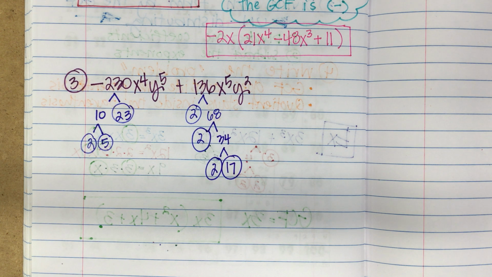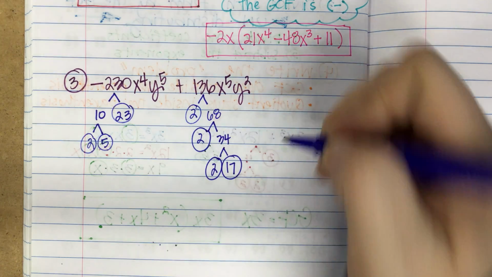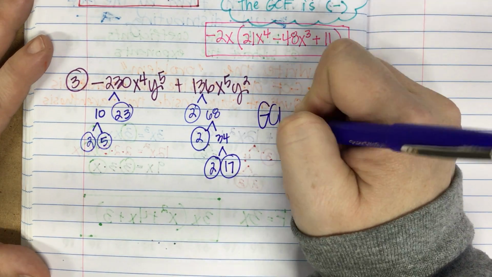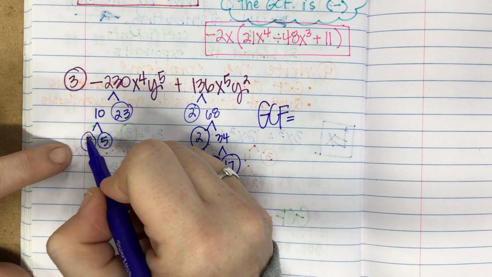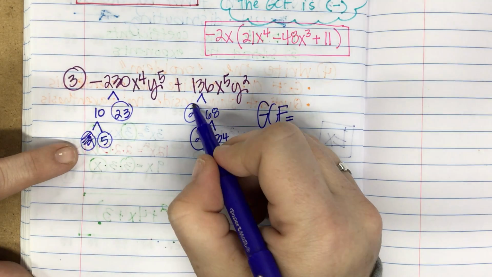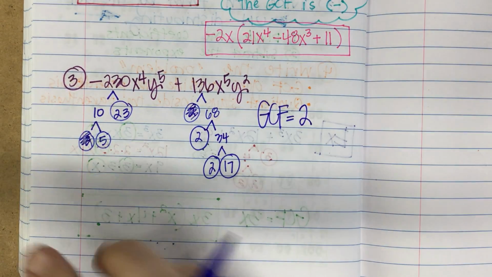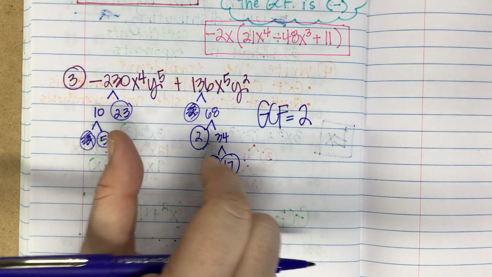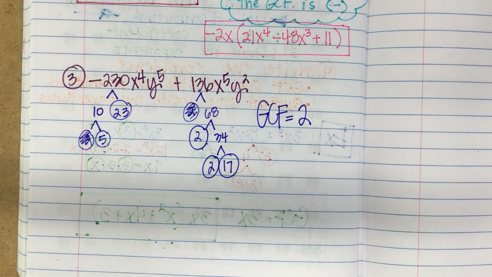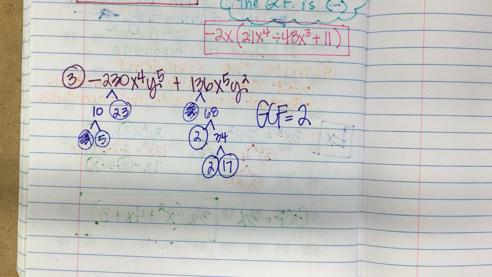So I can go this route and figure out what they share. I can now also say that the greatest common factor, they share a 2. Anything else? No. So the greatest common factor is 2. What if they shared a 2 and another set of 2's? What would their greatest common factor be? 4, because 2 times 2 is 4.